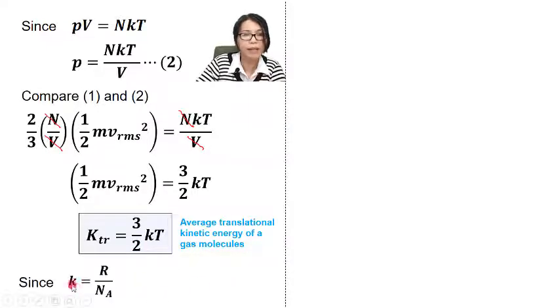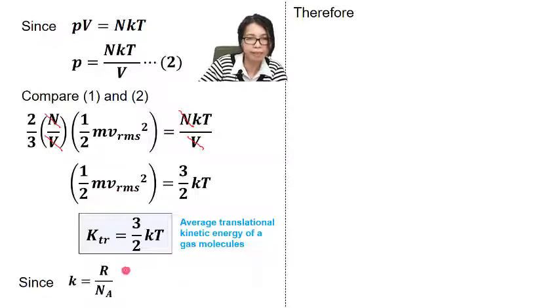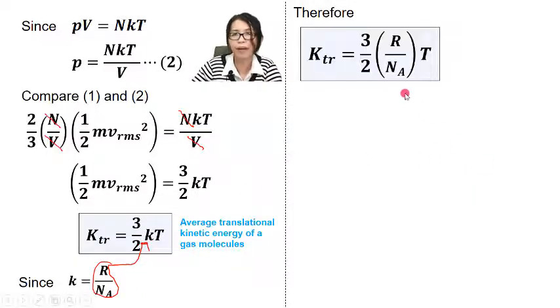Then class, k is the Boltzmann constant, which is equal to R over NA. So I put it into the equation, and I'm going to have another equation to calculate the average translational kinetic energy for a gas molecule: 3 over 2 R over NA multiplied by T.